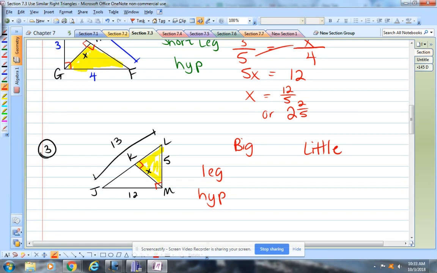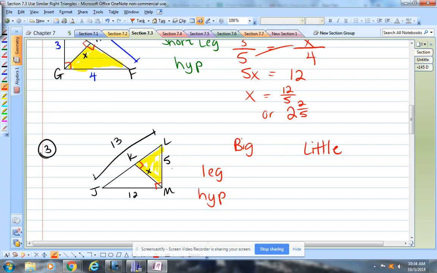M is my right angle here. I rotate it around. No, it looks like my long leg. It looks like it's good. L is going to line up with J. Y'all agree? Okay. So the 5, that's the hypotenuse. Oh, it's going to be the short one. It's going to be 5.